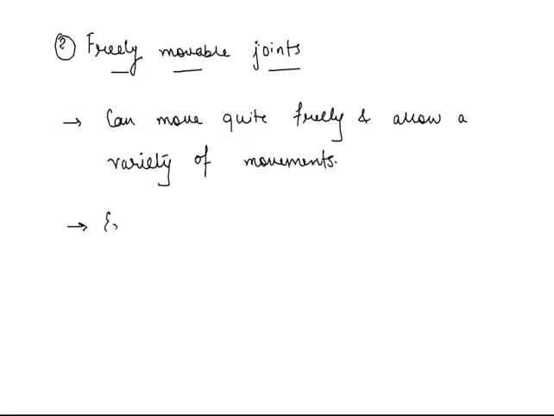And where are they present? Yes. Examples of freely movable joints are elbow and knee joints, right? So this is about freely movable joints.